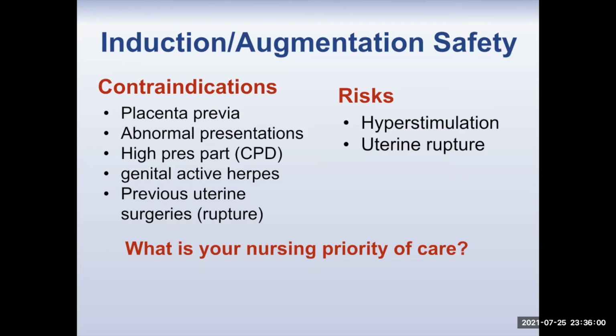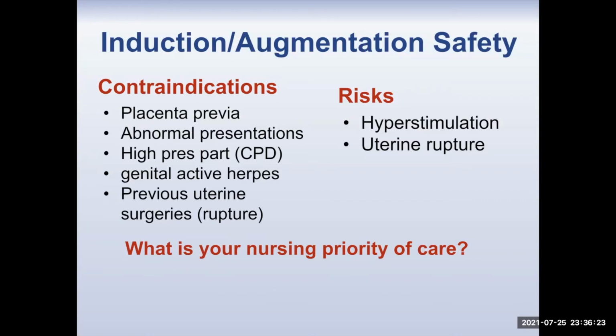If mom has an active genital herpes, she is going to have a C-section. We don't want that baby coming through the birth canal and getting that virus into their eyes. We'll talk about the complications of that later for the newborn, but they're very grave complications. So we would not augment her or induce her.